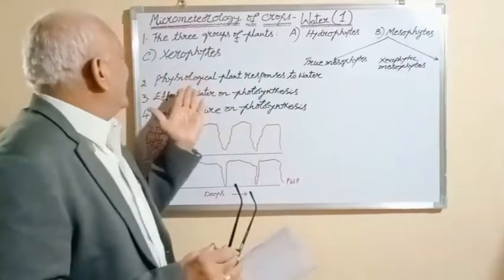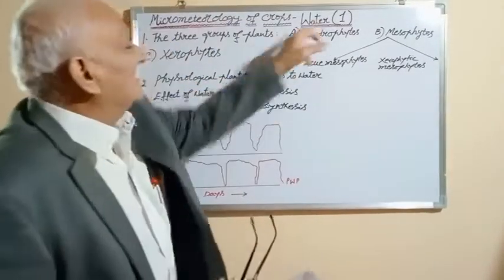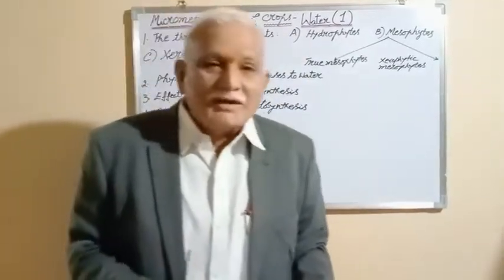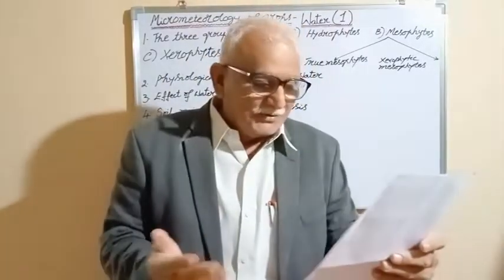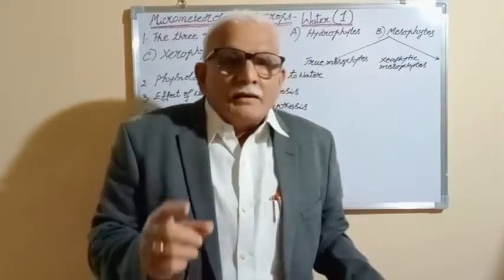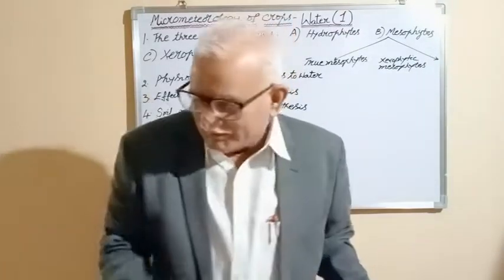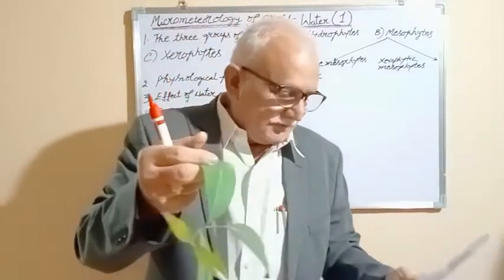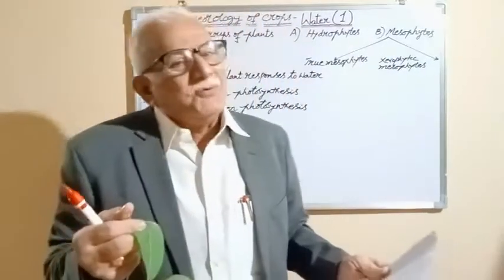Now, let us see what are the physiological plant responses to water. How plants respond physiologically to water. Number one, please write: water is the major constituent of the tissues of the leaves. Second, it is a reagent in photosynthesis.